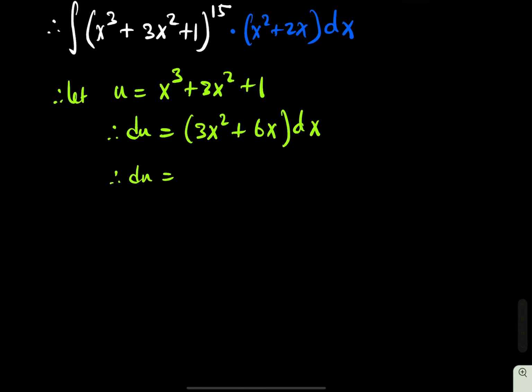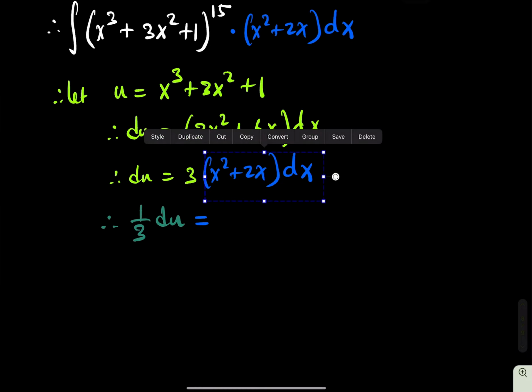If you take 3 out, you get what you've been looking for, 3 times x squared plus 2x. So you can divide both sides by 3. That would mean you have 1 over 3 du, and it equals this particular stuff here.